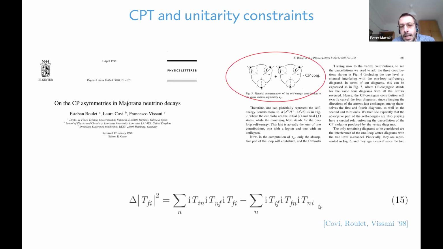Okay, this is equivalent to what has been known from the work of Roulet, Covi, and Vissani. This is one of the early leptogenesis papers on seesaw leptogenesis, and they were looking at whether it is possible to have leptogenesis just from scatterings.